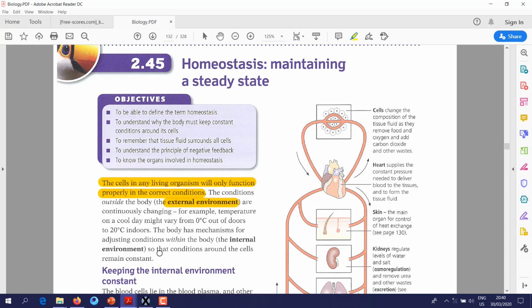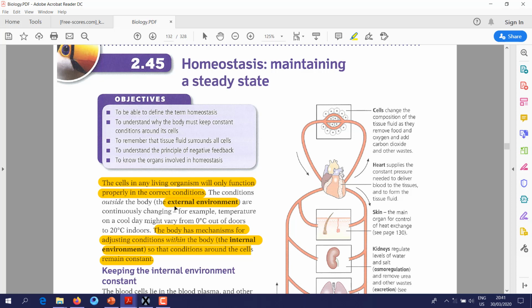Then, from the other side, we have internal factors. For example, the body has a mechanism for adjusting conditions within the body, the internal environment, so that conditions around the cell remain constant. Now, what do we have here?